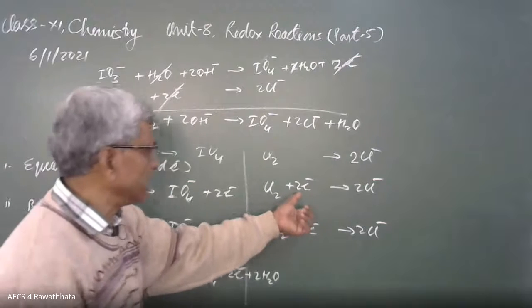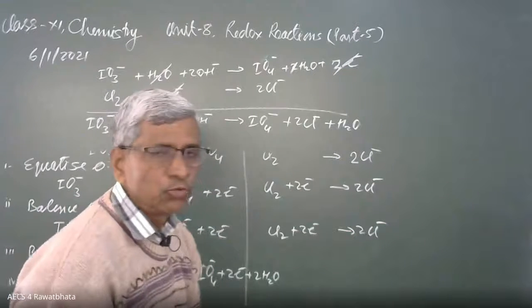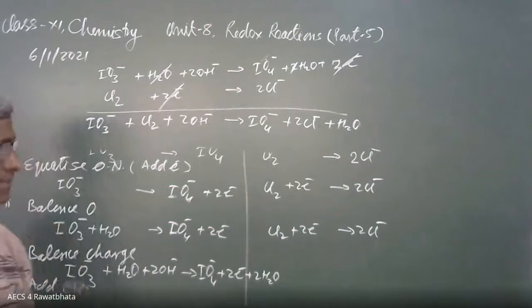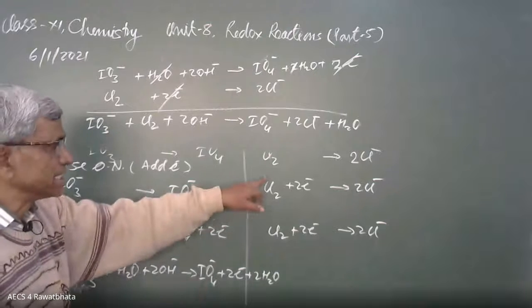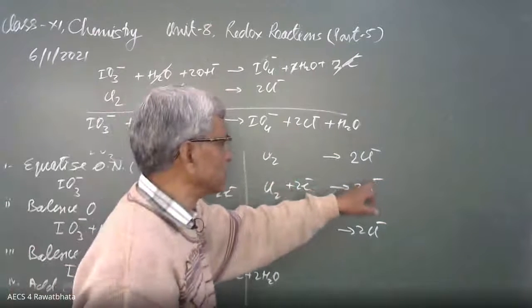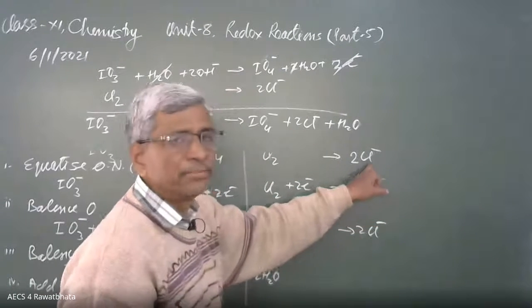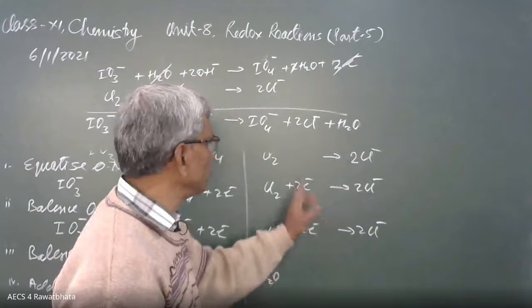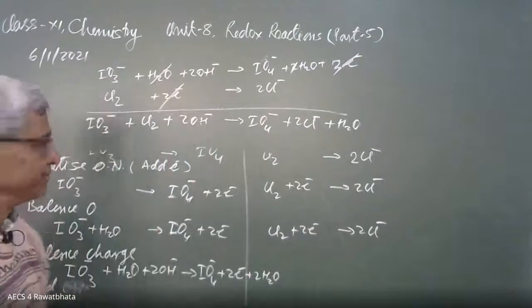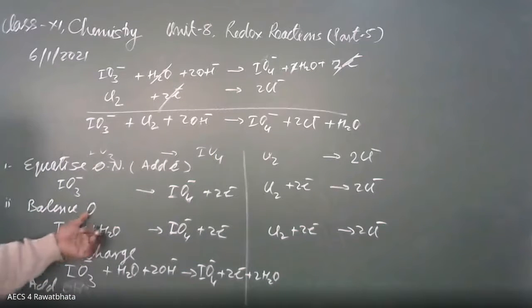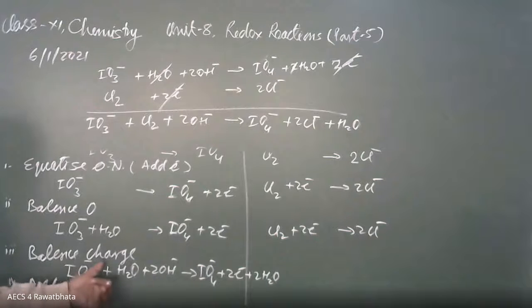Cl2 gains 2 electrons to convert into 2 chloride ions, Cl minus. Zero oxidation state is going to change into minus 1, total 2 Cl, total negative 2. That's why 2 electrons are gained by the chlorine. Here balancing oxygen is over. Balance charge.